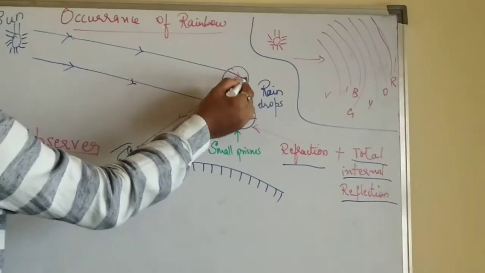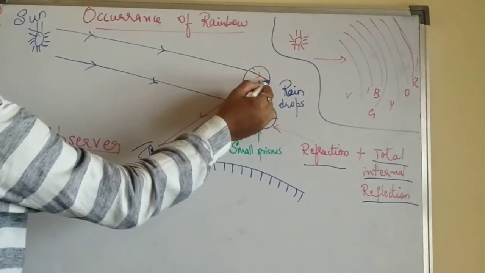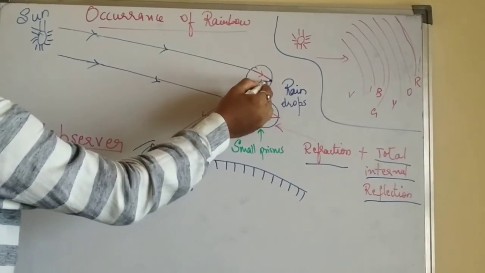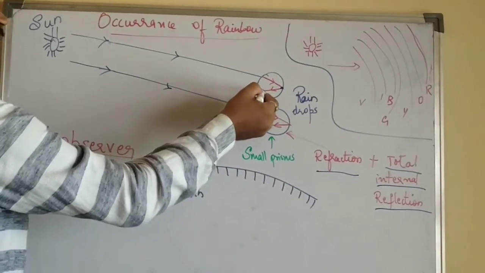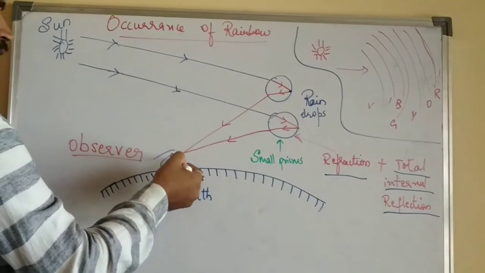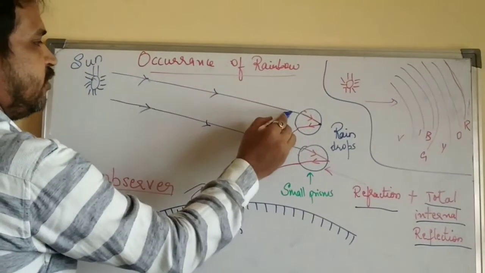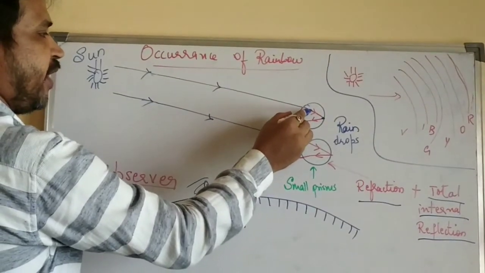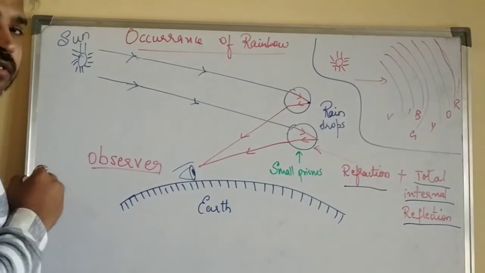It means it is reflected back. This is the refracted ray and it falls on this point of the rain droplet. Again it gets reflected. After reflection, the ray has to fall on the eye of the observer, right? It again gets refracted. So when it is incident, it undergoes refraction, total internal reflection and then refraction again.